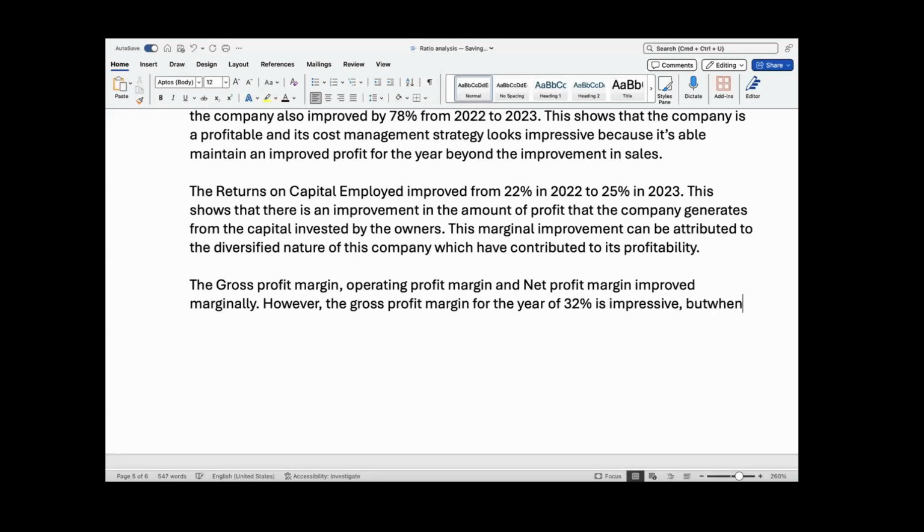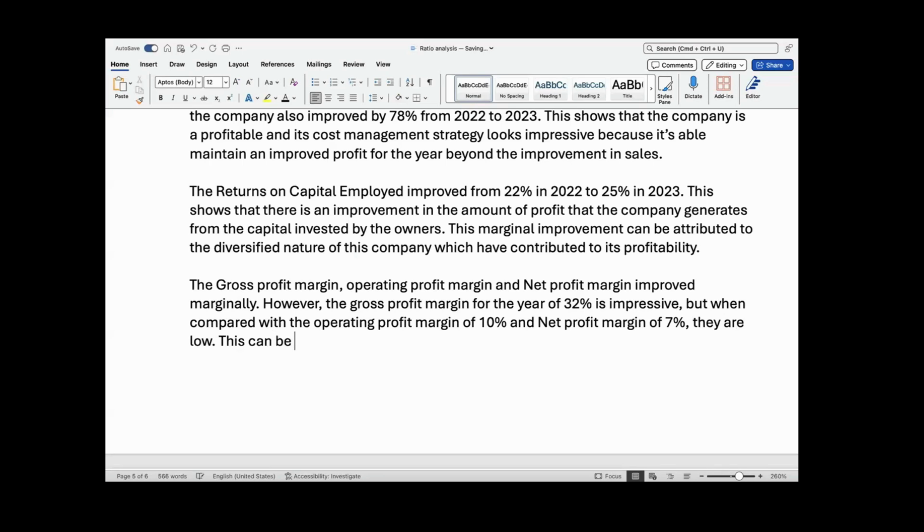But when compared with the operating profit margin of 10% and net profit margin of 7%, they are low.